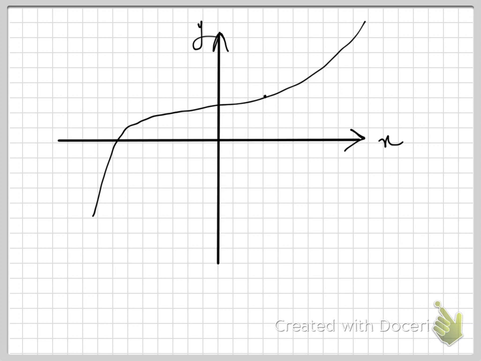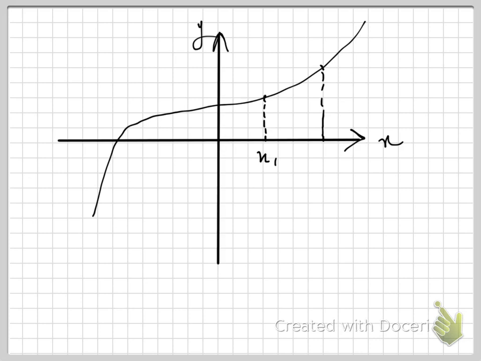Let's take this point, for example, of abscissa x1, a given abscissa, and another point on the curve such that the distance between the abscissas of these 2 points is h.